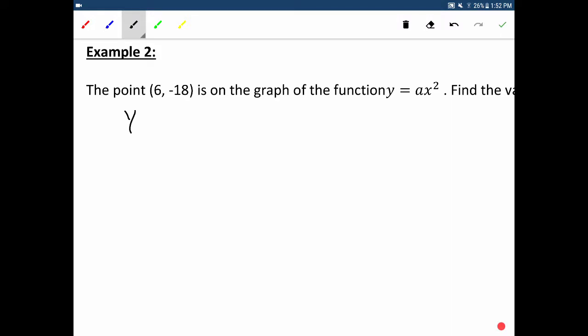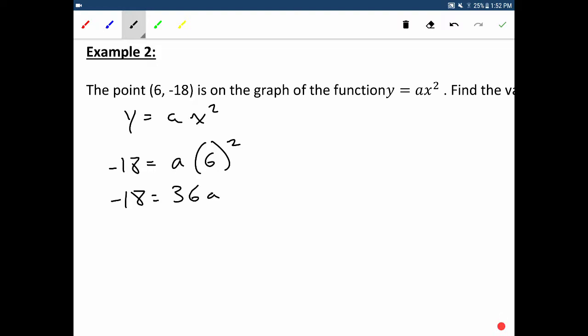You're always just going to start with y equals ax squared, and we're just going to sub in the values that we know. So we have y is negative 18, and our x is equal to 6. So we have 6 squared, and 6 squared is 36.